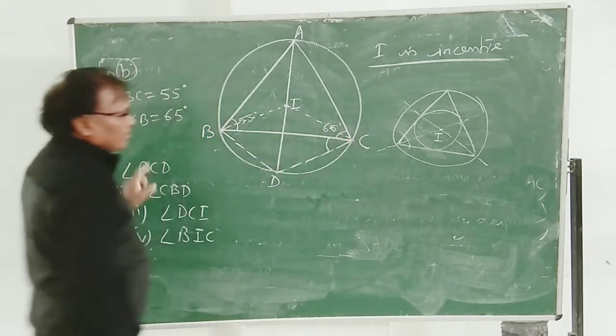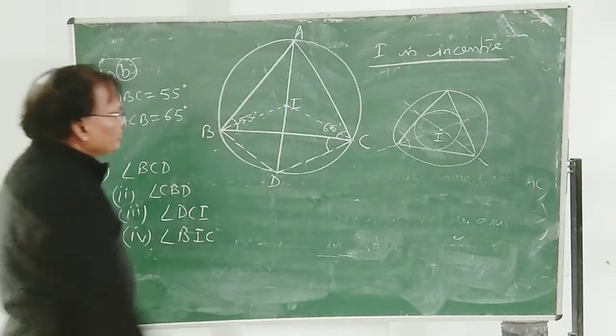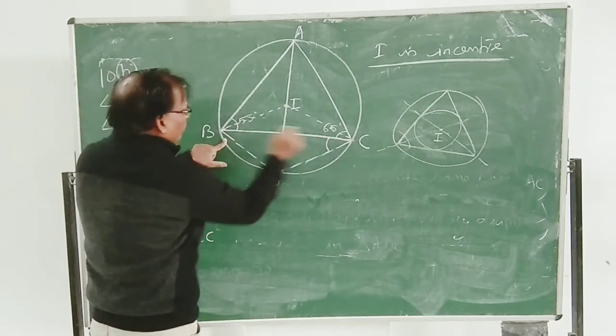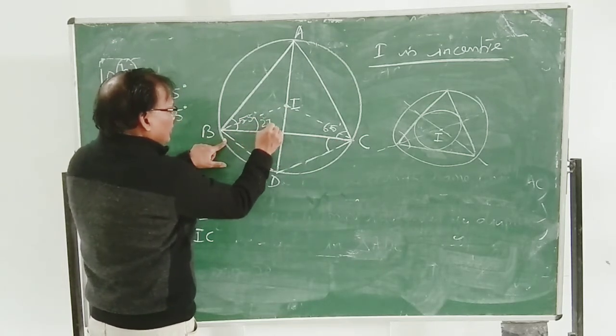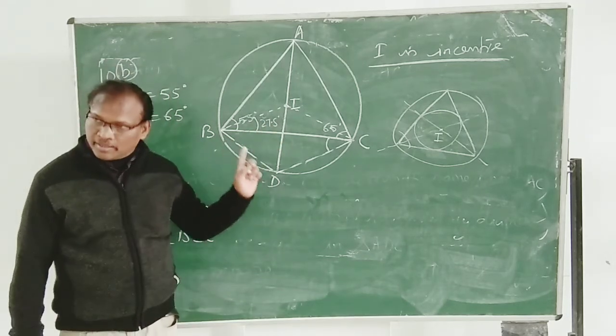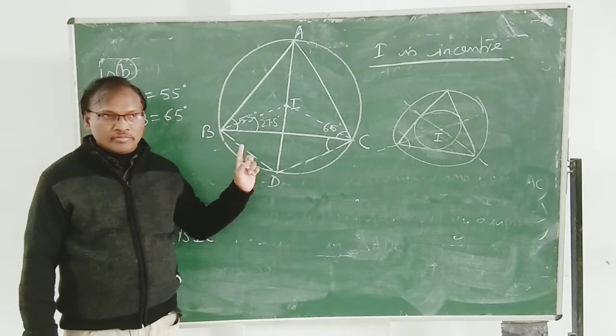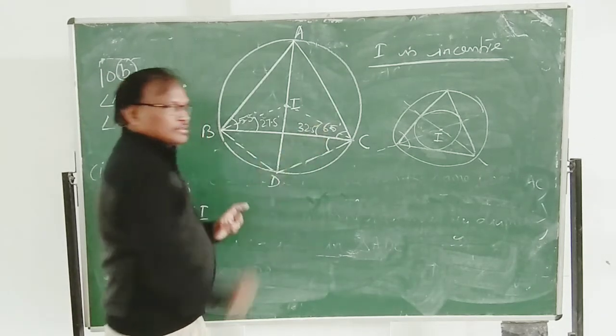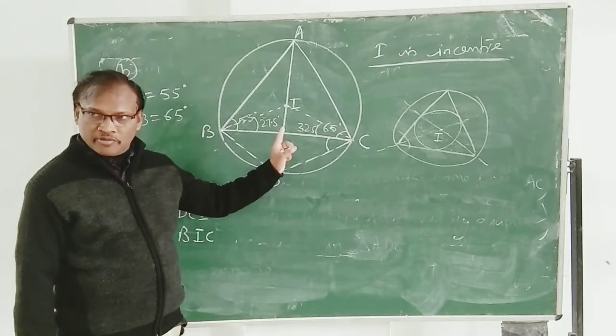This angle IBC will be 27.5 because it is an angle bisector, and this one is 32.5 degree.